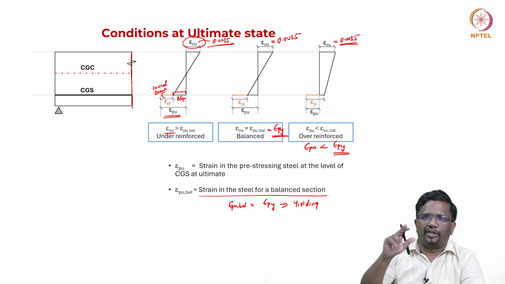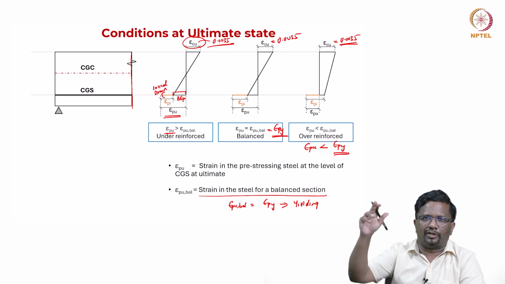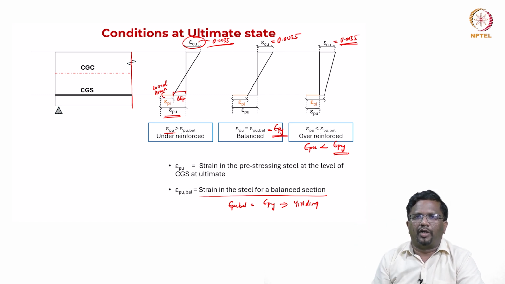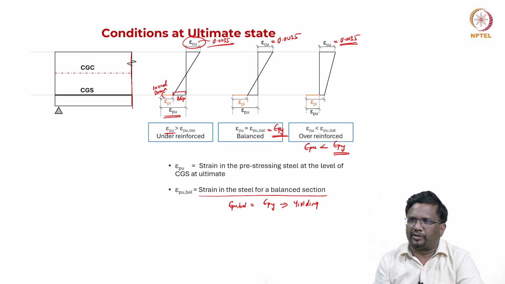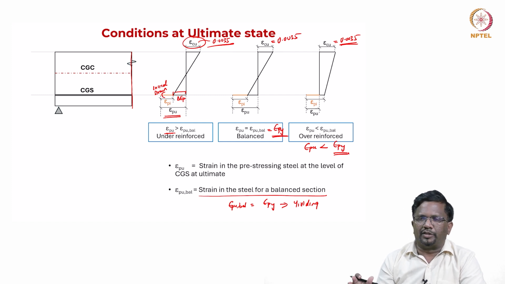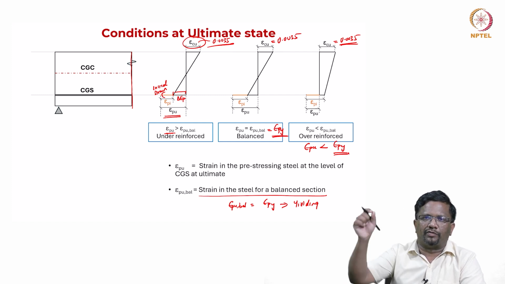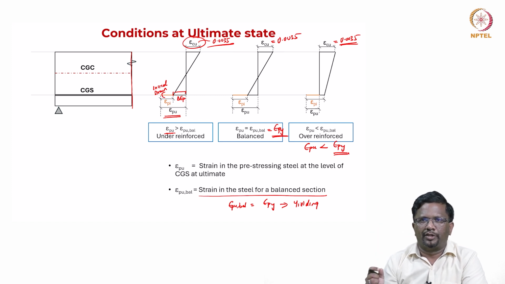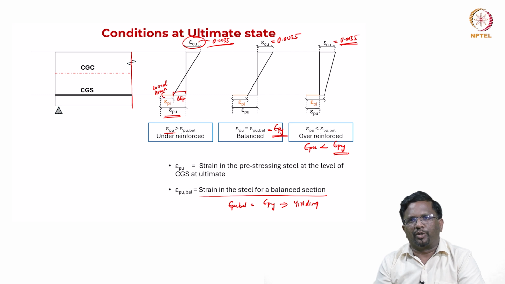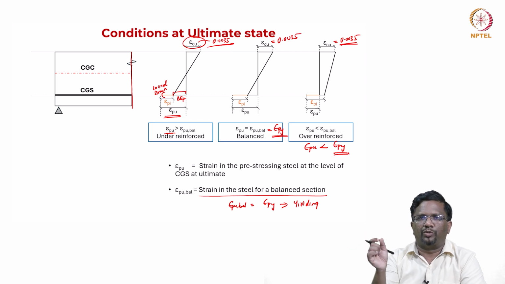We have seen simple elastic perfectly plastic, or simple elastic hardening, bilinear curve, and depending upon that you choose your yielding strain value. But in general, the balanced condition is hypothetical, or I should say a special condition where both concrete reaches its failure strain and steel also reaches its yielding strain. Now, because pre-stressing steel does not have a well defined yield plateau, we define yield either by taking the 0.2% proof stress, or the code gives you what yield strain we need to consider.